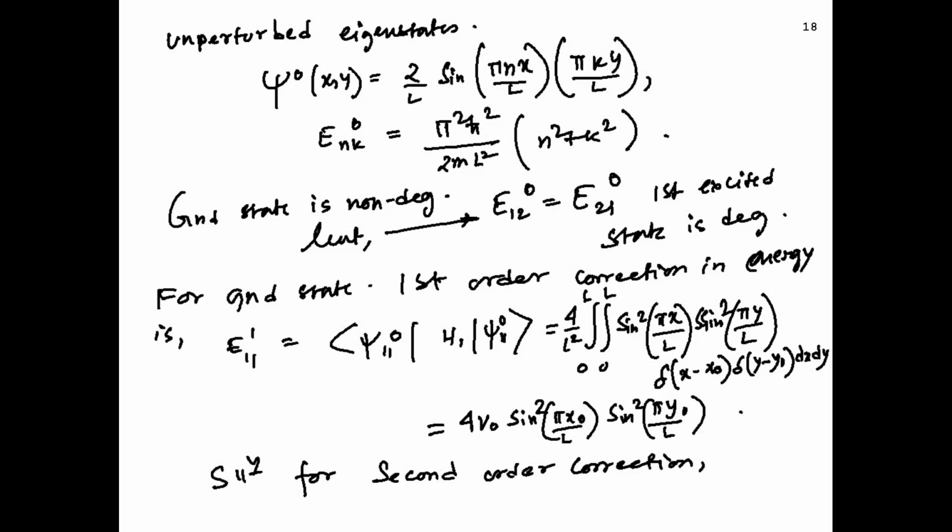But the first excited states, n1 k2 or n2 k1, are degenerate states. For the ground state you can apply non-degenerate perturbation theory, but for the first excited state you have to apply degenerate perturbation theory. That is the interesting thing about this problem, you can have all the features in the same problem. So let us do the easy part.